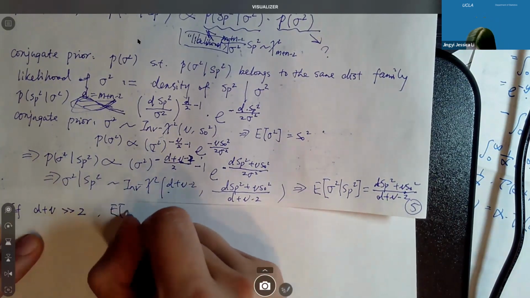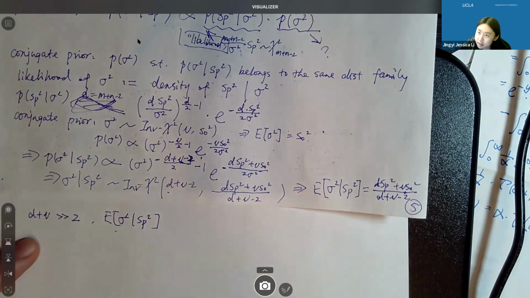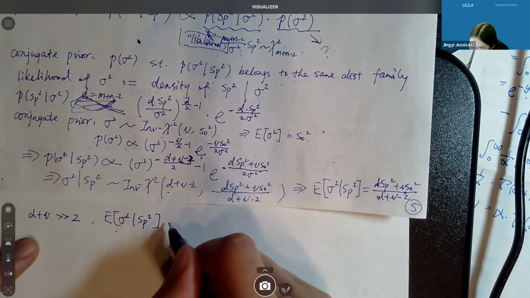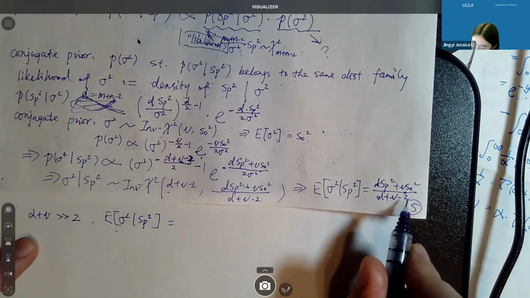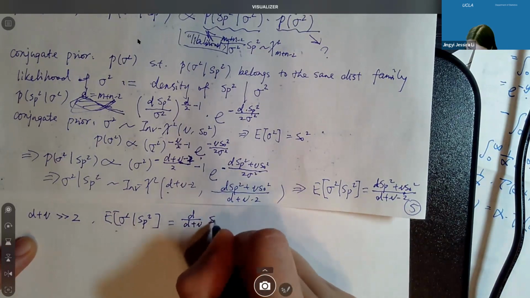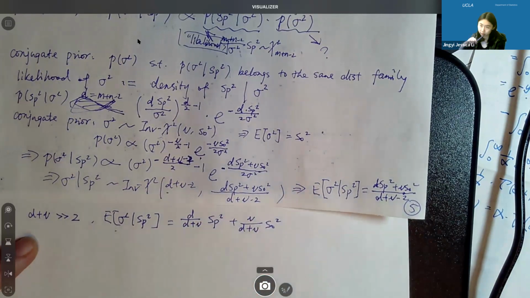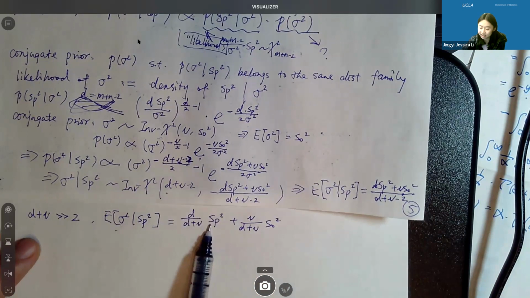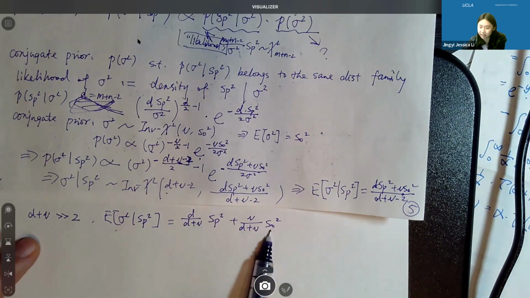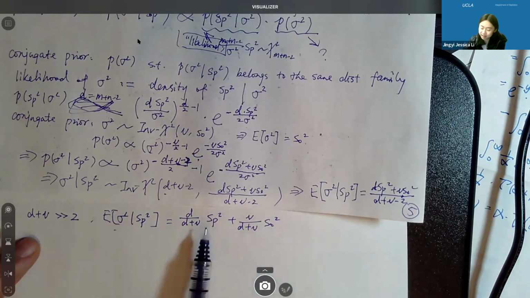Then this posterior expectation, what you expect for sigma squared after seeing your data, can be written after ignoring the 2 as a weighted sum: D over D plus V times Sp squared plus V over D plus V times S0 squared. It's a weighted sum of your data's estimated pooled sample variance and the prior expected sigma squared.